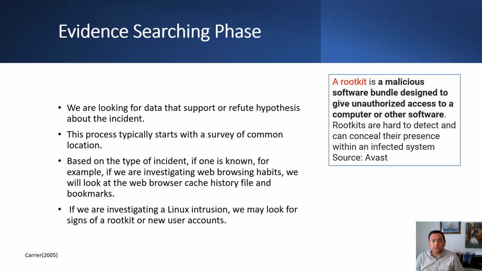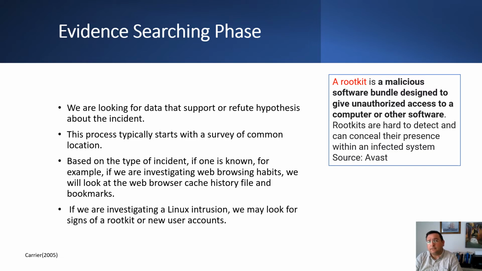So typically you start by triage, which means you're locating digital evidence. For instance, in a child pornography case, you need to look at the images located on the computer. Based on the type of incident, if one is known, for example if we are investigating web browser habits, we look at the web browser's cache, history file and bookmarks to identify the evidence.